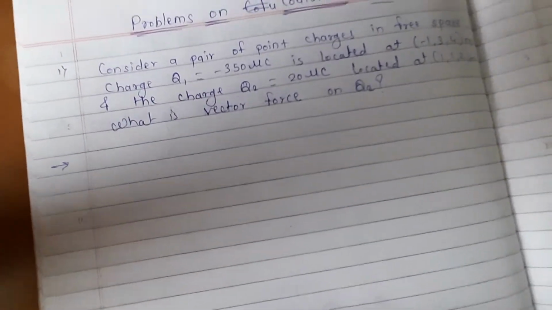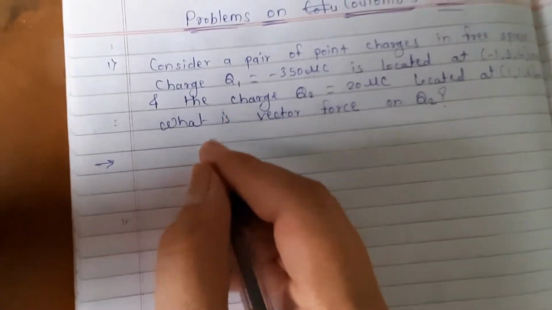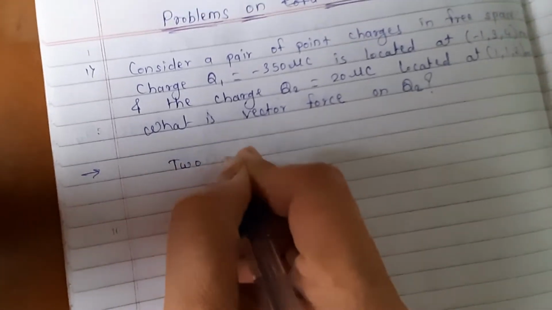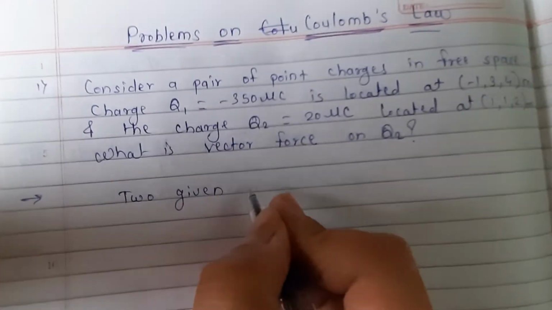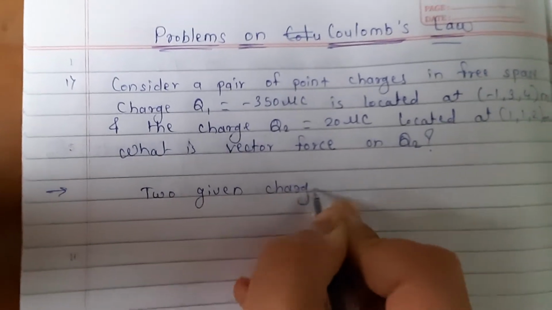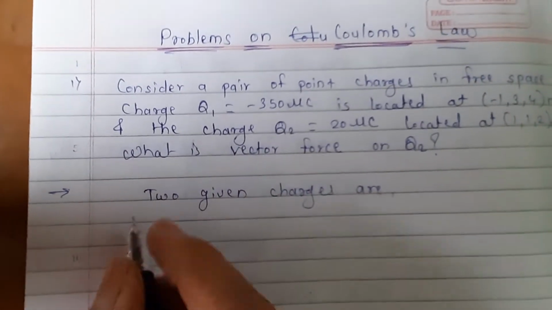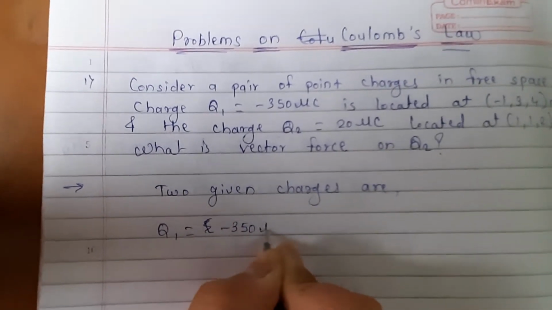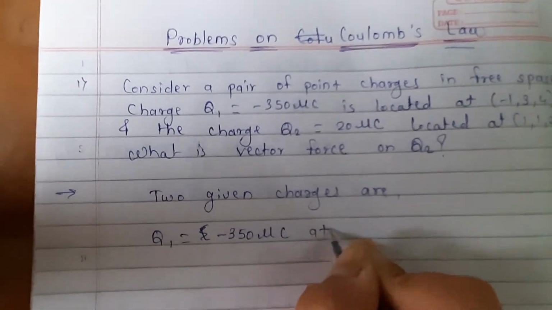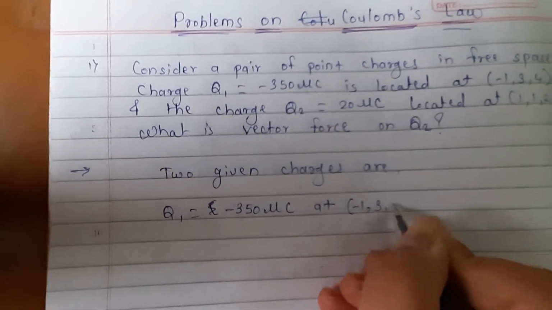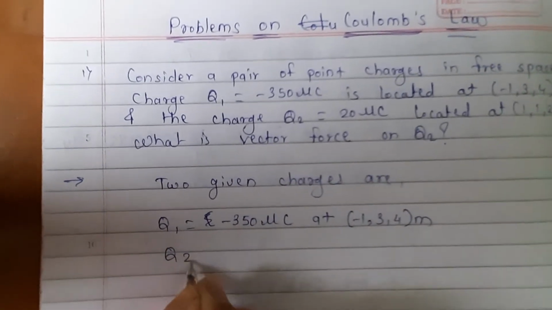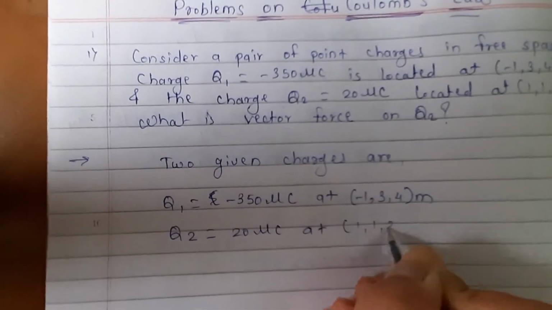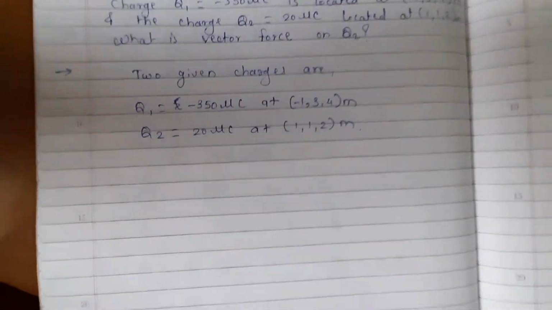First we will write the given charges. The two given charges are q1 and q2, having values minus 350 microcoulomb at point (-1, 3, 4) meters, and q2 is 20 microcoulomb at (1, 1, 2) meters.